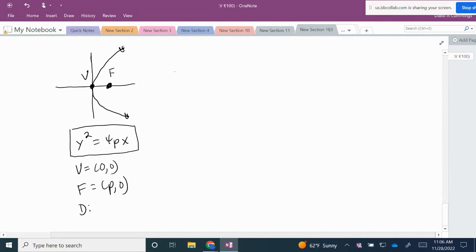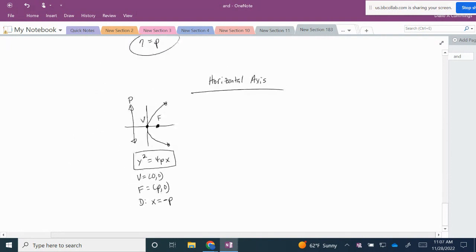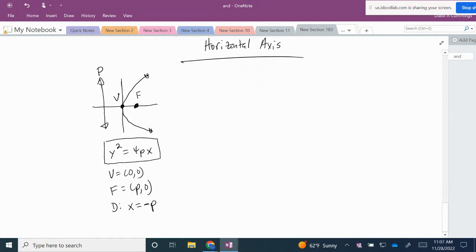And our directrix is given as x is equal to negative p. All right, so this is the model form in which the y variable is squared and the coefficient of the x variable is positive.